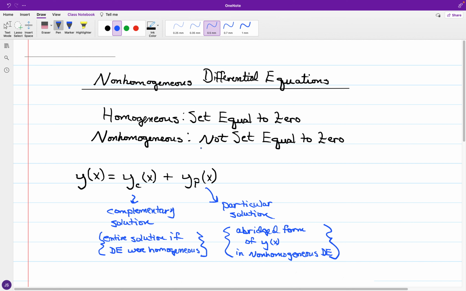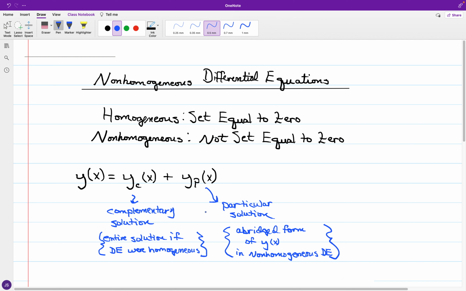And in non-homogeneous differential equations, we have the solution y of x comprised of two portions. We have y sub c of x, which is referred to as the complementary solution, and that would have been the entire solution if the equation were homogeneous.